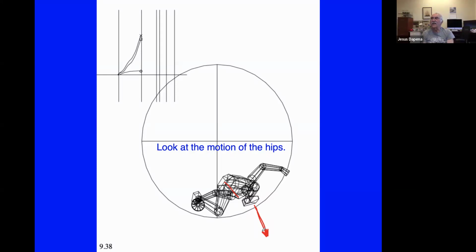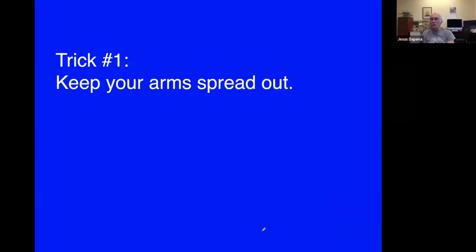Well, first trick, you keep your arms spread out. If you're like this with the arms very far, like that, then your moment of inertia is big. So with the angular momentum you're getting, the whole body rotates more slowly than if the arms were flexed or semi-flexed. So for maximum angular momentum, you're getting minimum or reduced hip angular velocity.